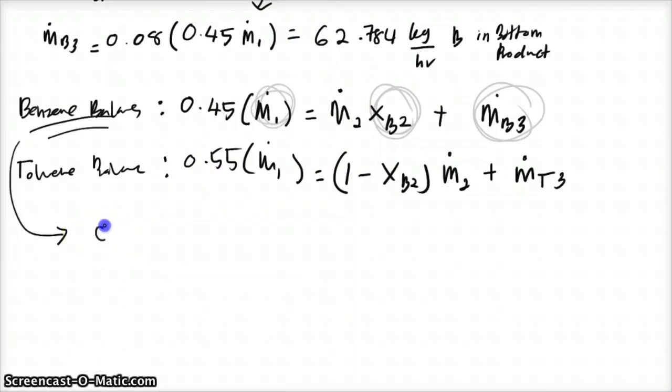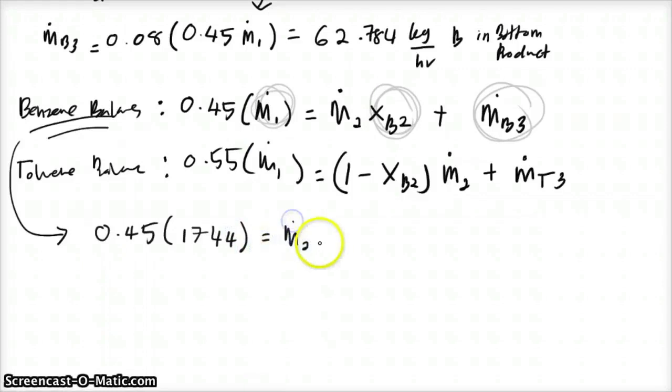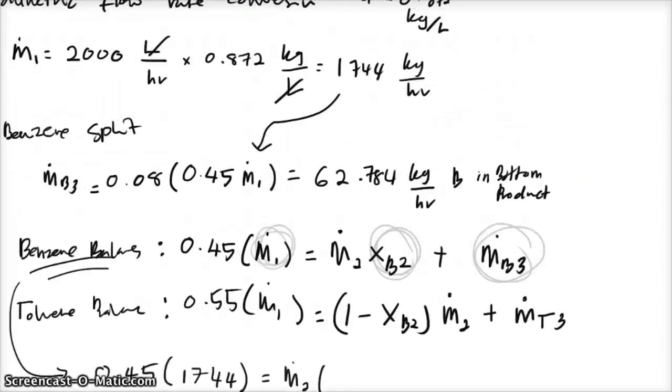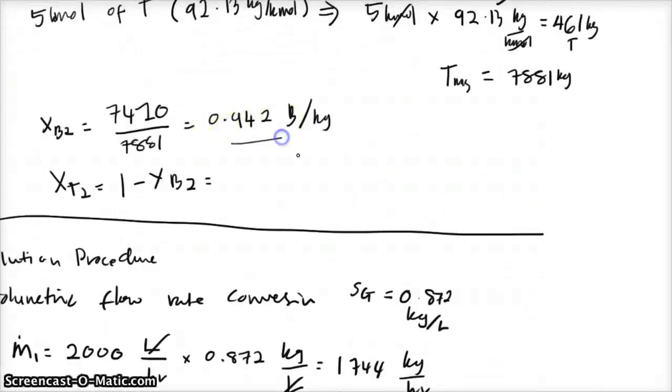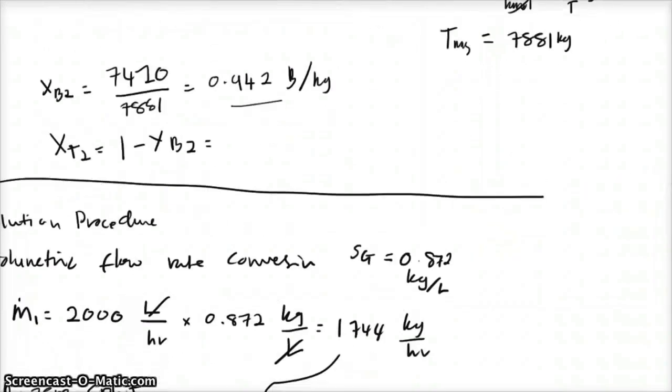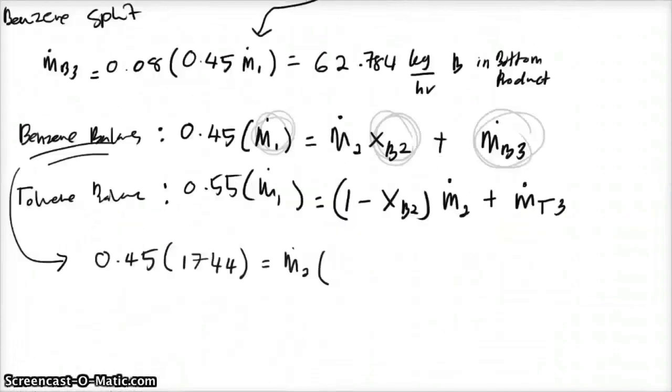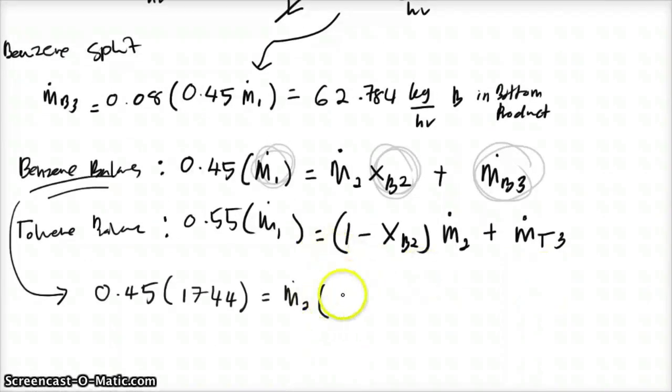How to do it? So 0.45 times 1744 equal to M2 times the XB2 we calculated before, so the value is 0.942, which is the mass fraction of benzene in the top product.